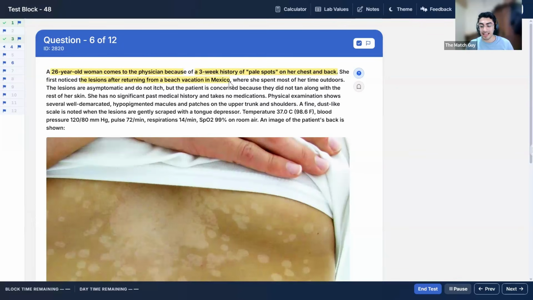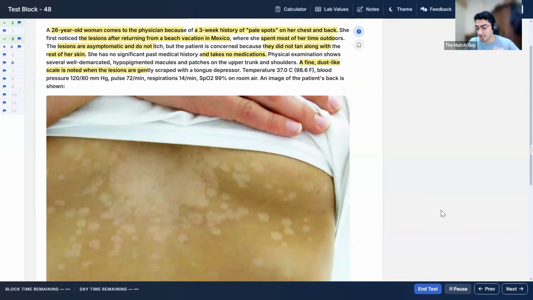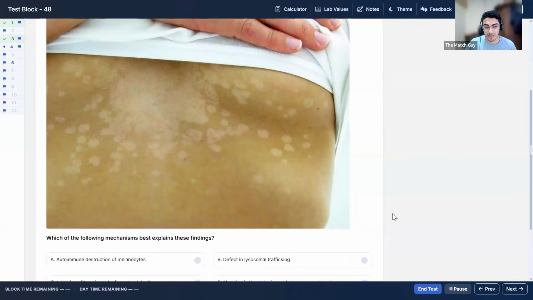So she probably had a tan, and the tan affected the normal skin, but not the diseased one. She spent most of her time outdoors. The lesions are asymptomatic and do not itch, but the patient is concerned because they didn't tan like the rest of the skin. She has no significant past medical history and takes no medication. A fine dust-like scale is noted. So this patient has scale in these lesions, so it is probably not vitiligo. This is probably pityriasis versicolor.